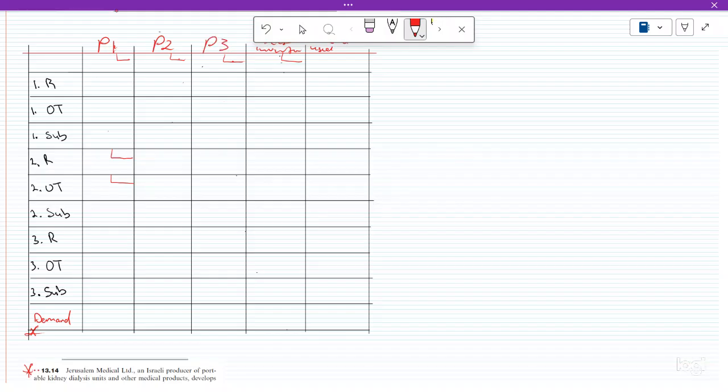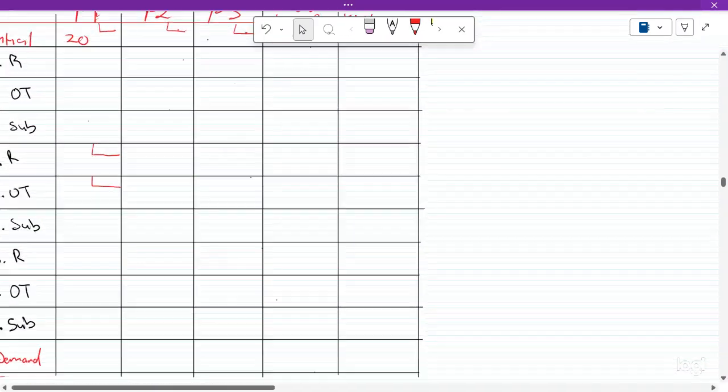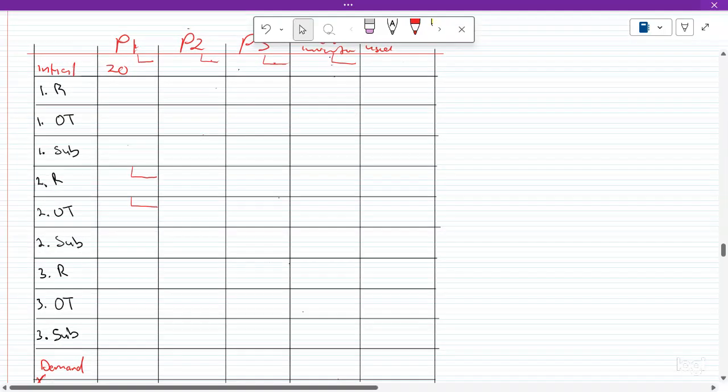So these P's stand for period 1, 2, 3, and then your initial inventory will come here. Let me just give you some time, it's difficult to maneuver this thing.